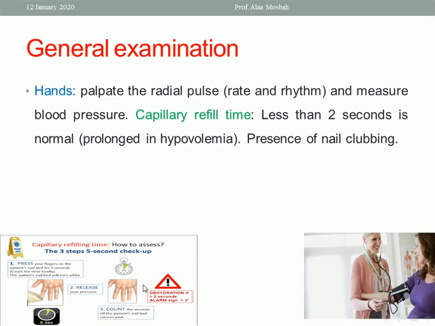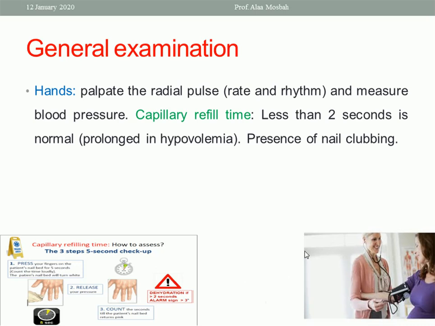You can do the test as seen in the picture by pressing on the nail bed for 5 seconds, then release, then see when refilling will occur. If within 2 seconds it's normal; if more than 2 seconds there is delayed refill, which means there is hypovolemia.